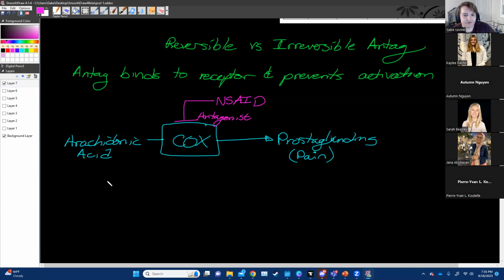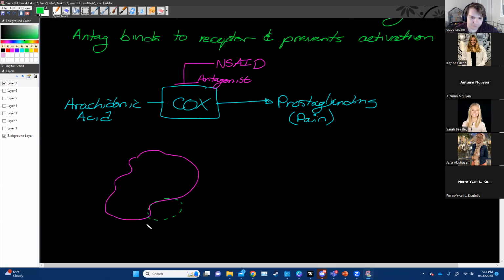Not every NSAID is created the same way. When we look at the actual COX enzyme, it has an active site. Maybe its active site is down here. What should happen is that the arachidonic acid comes in, gets kerchunked through the COX enzyme and turned into a prostaglandin, which then creates pain.